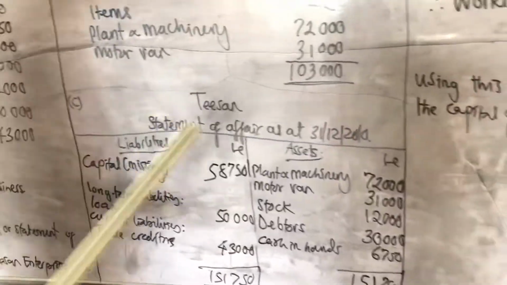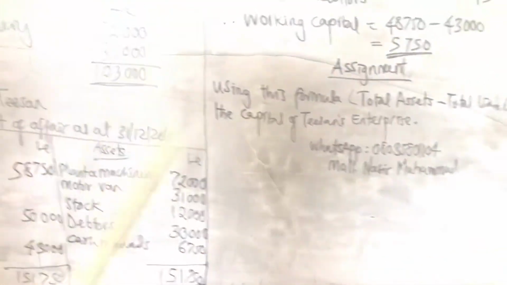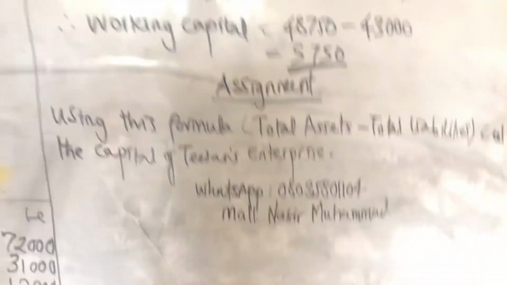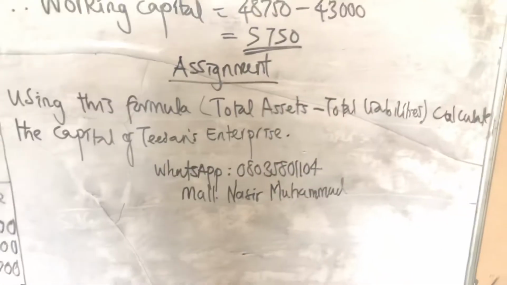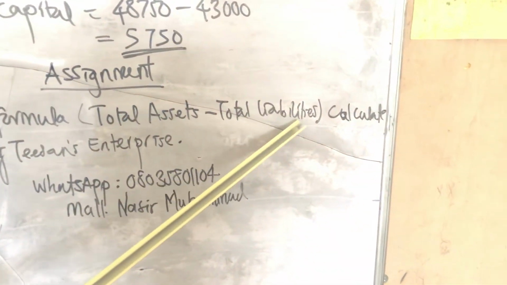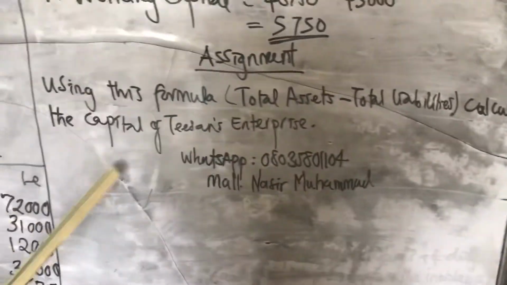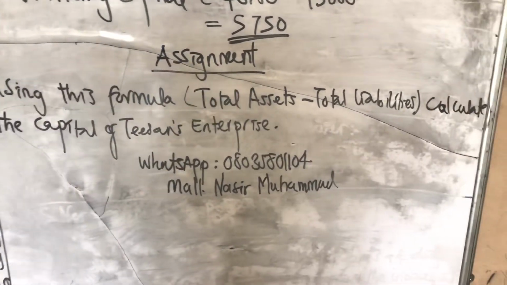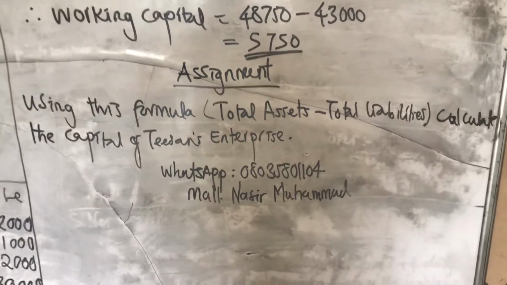Before we round up, before we draw the curtain for the day, I want you to try this at home. Using this formula, total asset minus total liability, calculate the capital of Tisan Enterprises.